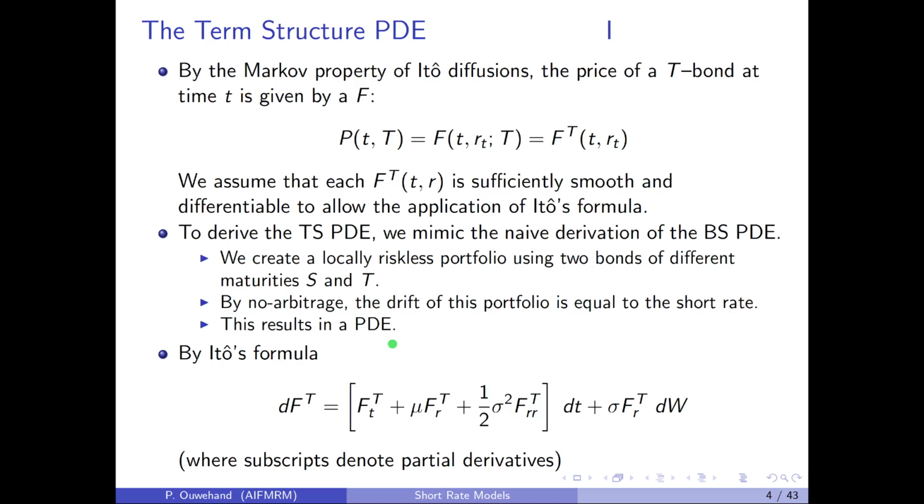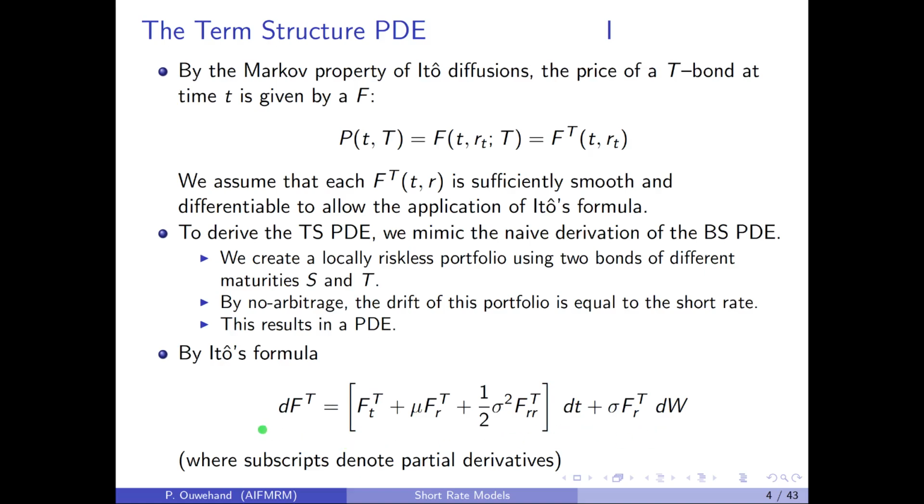If we apply the Ito formula to the function f superscript t, we obtain the following expression, where the subscripts denote partial derivatives. So for example, this is the second partial derivative with respect to r, this is the first partial derivative with respect to t, etc. Now we will divide this expression by f superscript t.